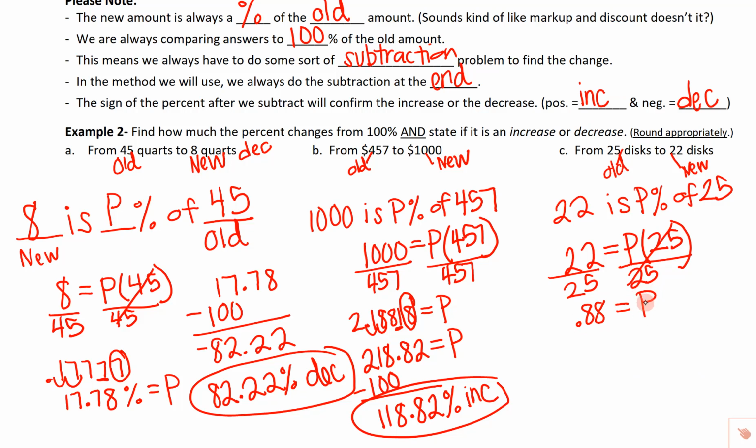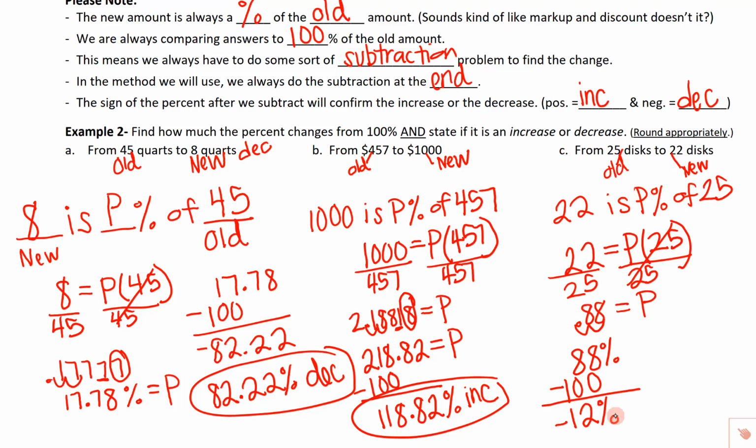Don't forget to move your decimal 2 spots. 1, 2. 88%. And then we need to minus 100, that original. And we get negative 12%.